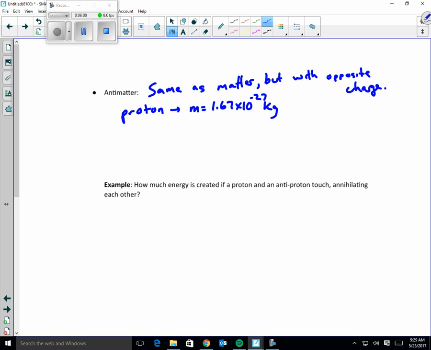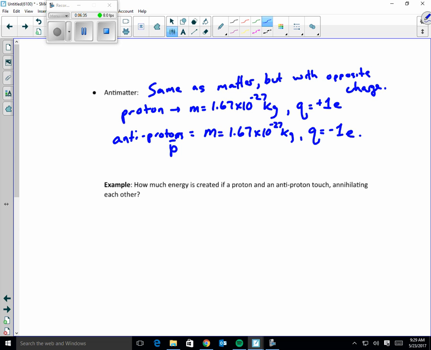That's something on the reference table. And I know its charge is plus 1e. An antiproton, with the line over it, its mass is going to be the same, 1.67 times 10^-27 kilograms. And its charge is just going to be negative 1e.